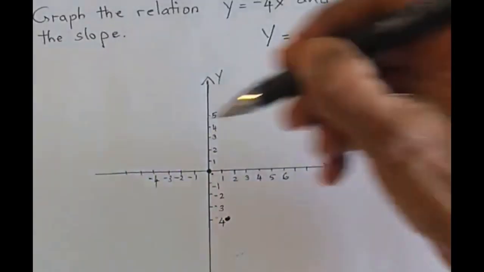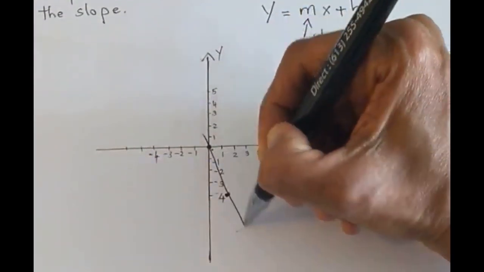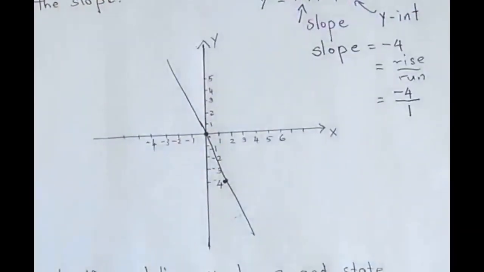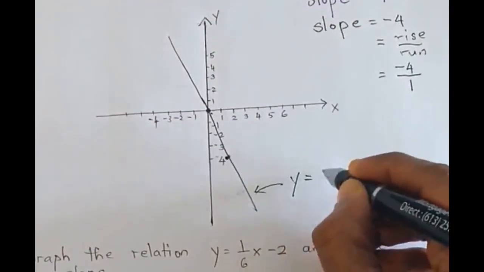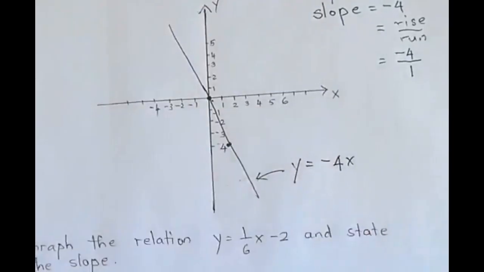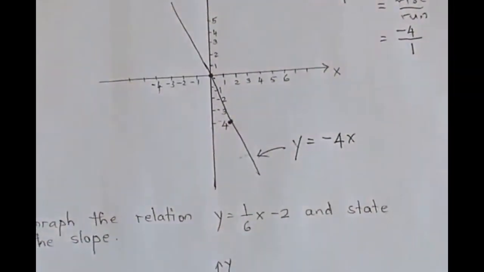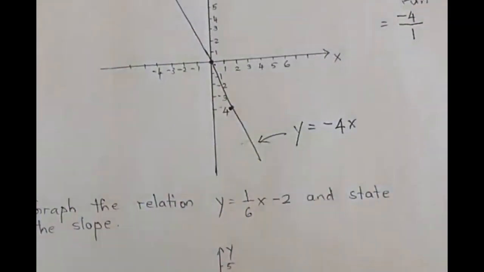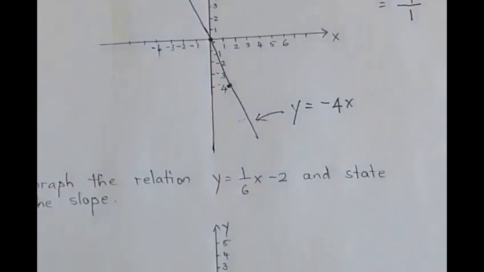These are the 2 points that I'm going to be connecting. Let's connect the 2 points. That would be my line. So that is y equals negative 4x. We plot the y-intercept and then use the slope to find another point by finding what the rise and run are.